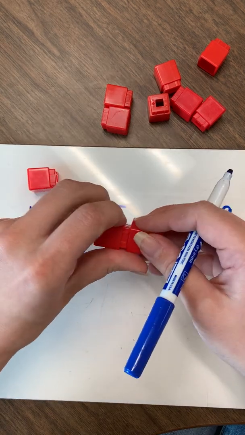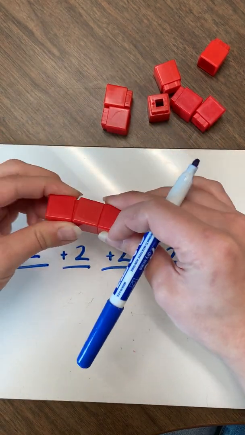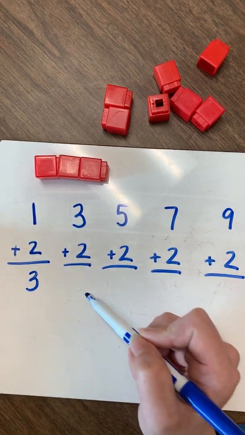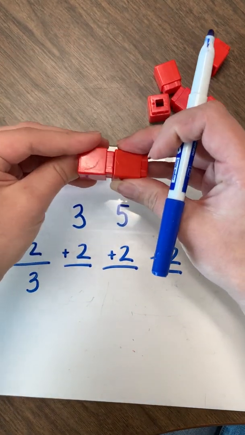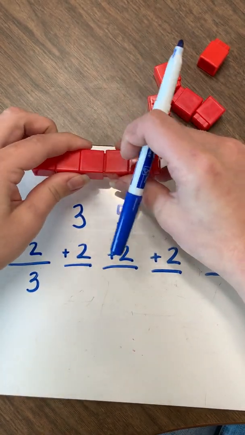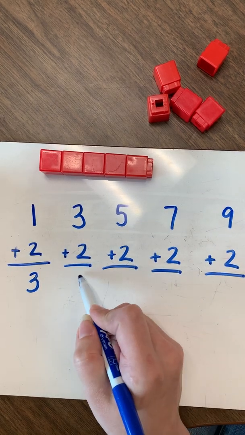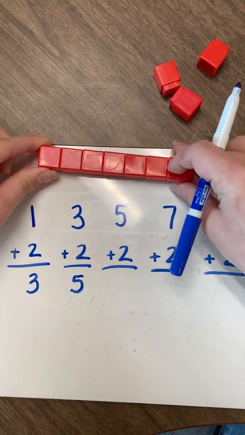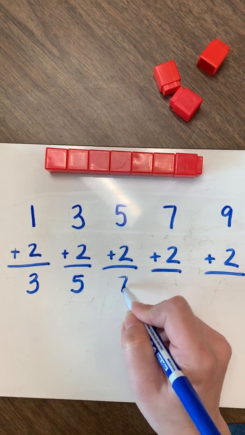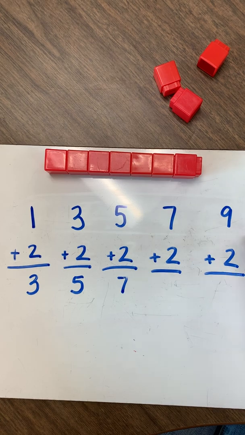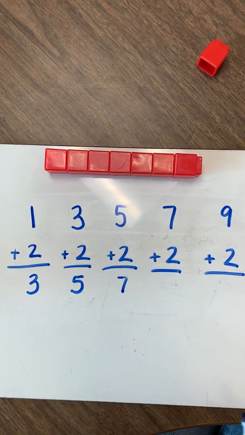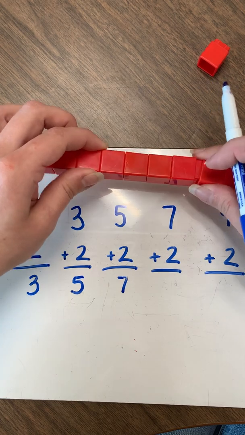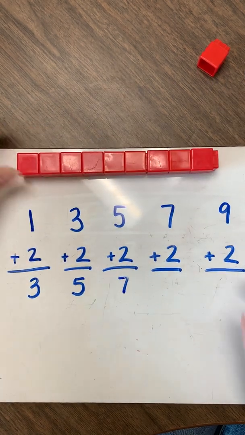Plus 2 more is 3. 3 plus 2 more is 5. 5, and we add 2 more, is 7. 7 plus 2 is 9.